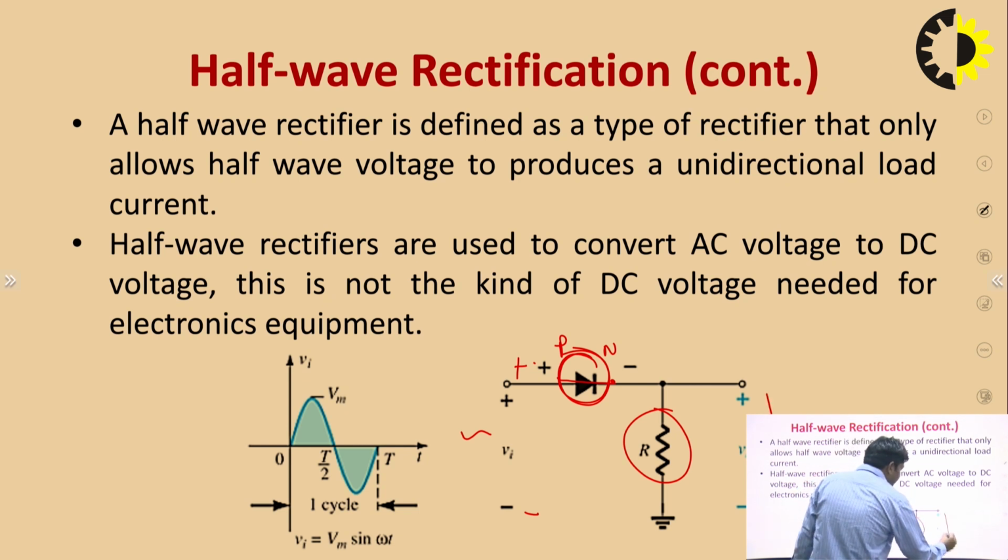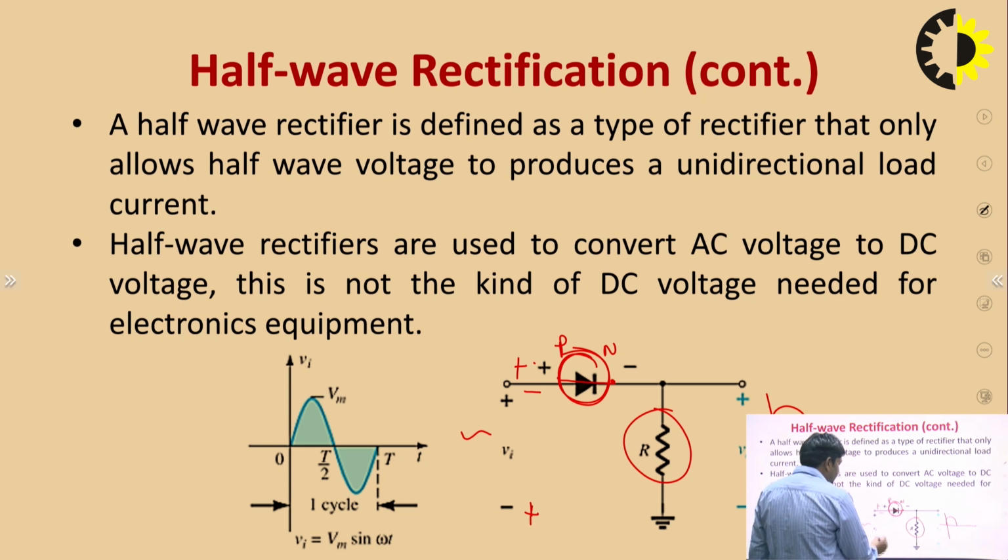So it allows the positive half cycle. But when the negative half cycle arrives, this terminal is negative and this terminal is positive, so the diode works as an open circuit, because the diode's P side is connected to the negative terminal of the voltage. In that duration diode D works as reverse biased.